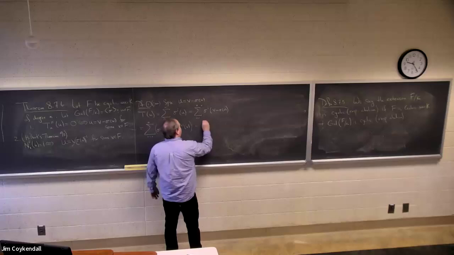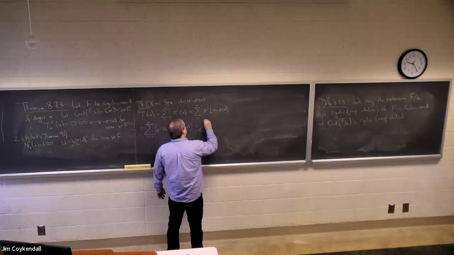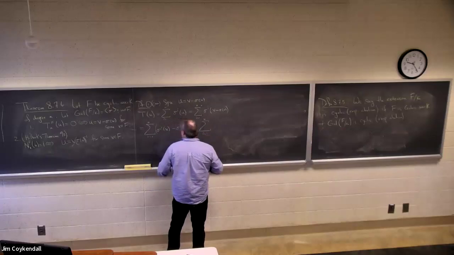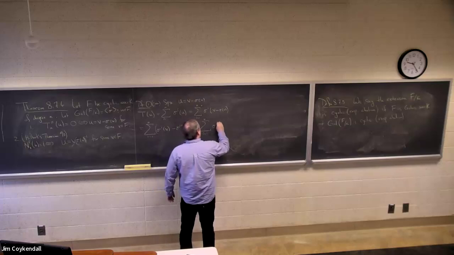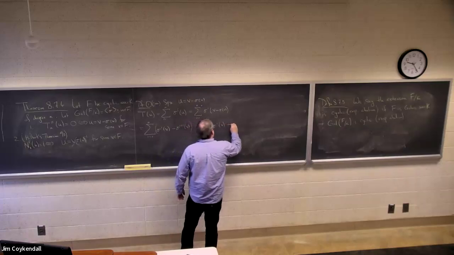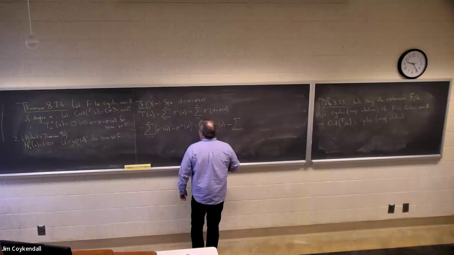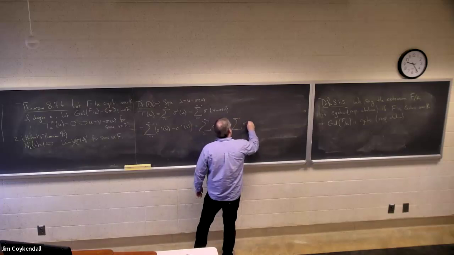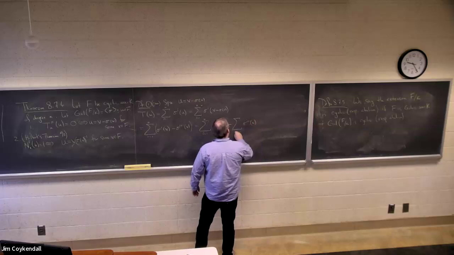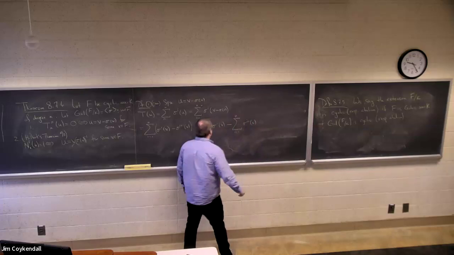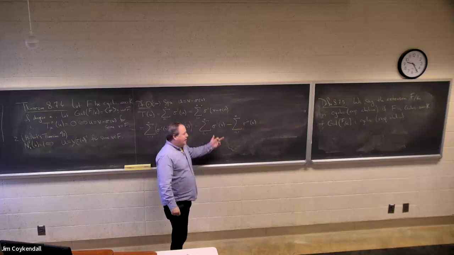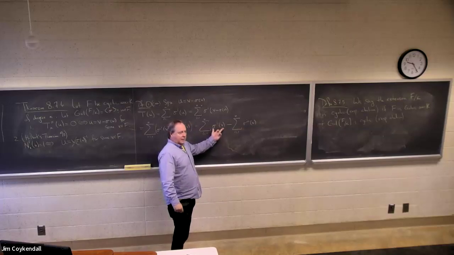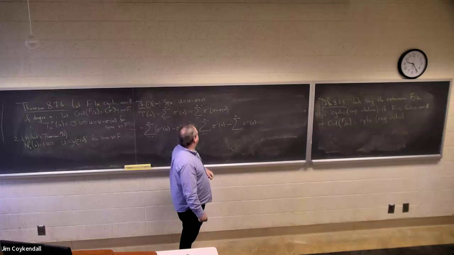So let's write this down separately. This is sigma_1 v, and you subtract, one is kind of backwards to start with.